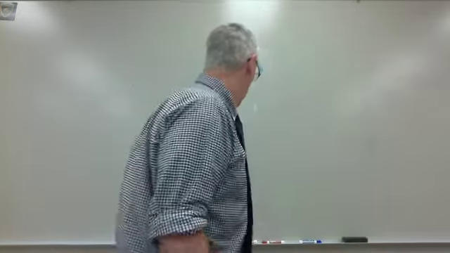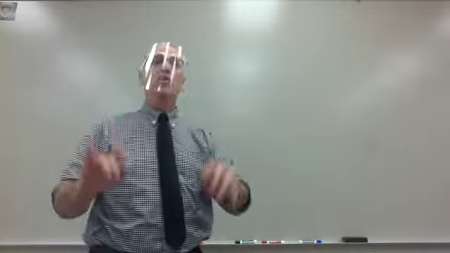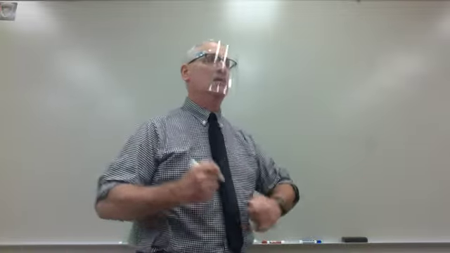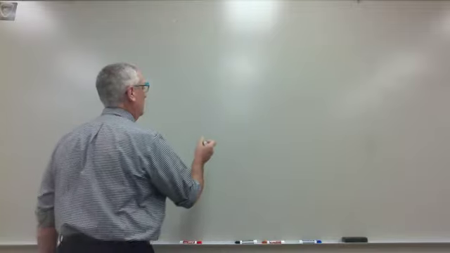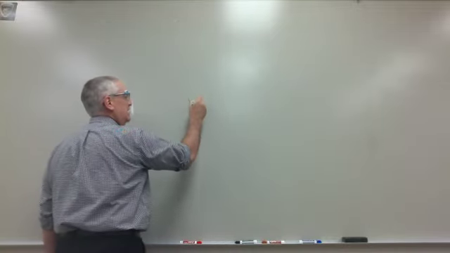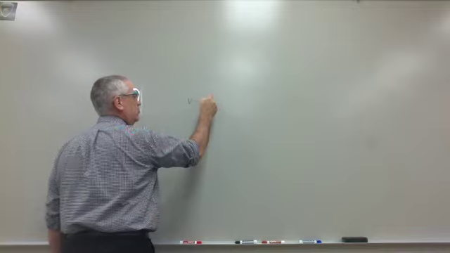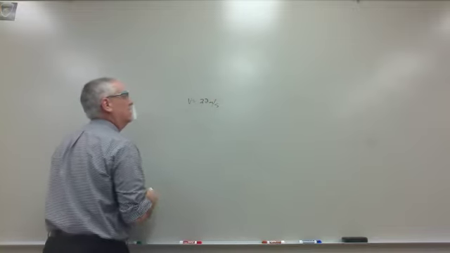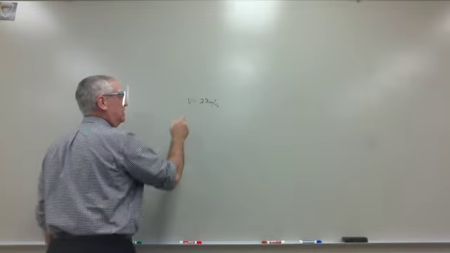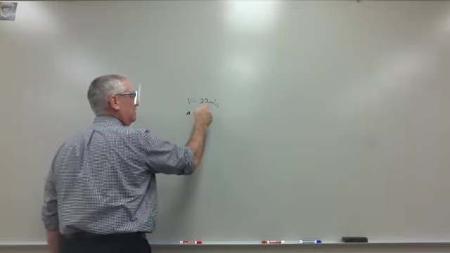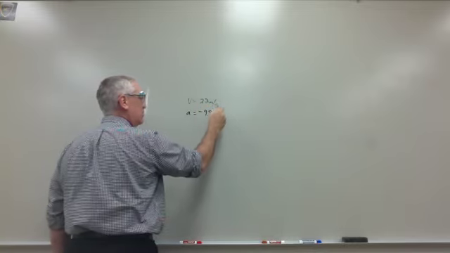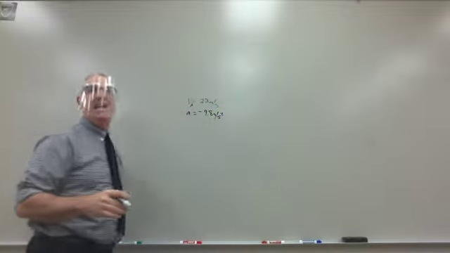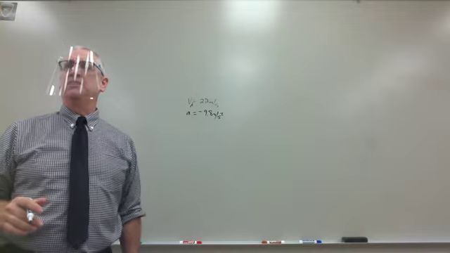So let's work a problem on Earth and then go to the moon and see what it's like on the moon. Let's say the initial velocity is 22 meters per second, and the acceleration due to gravity is -9.8 meters per second squared. I'm trying to find how high it goes.